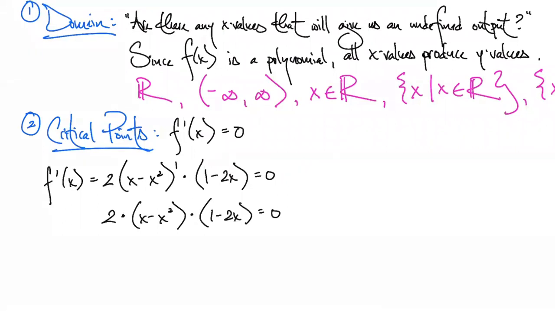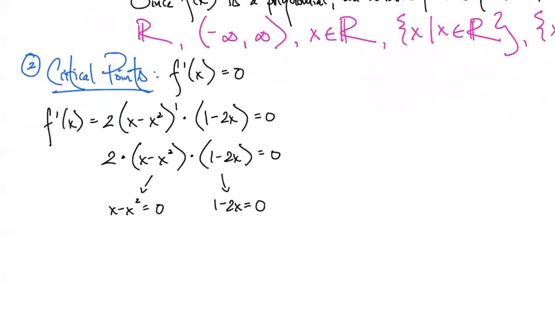The only way this can equal 0 is if x minus x squared equals 0 or 1 minus 2x equals 0. The 2 out front can't equal 0, so I don't need to worry about that, but one of the things in the parentheses has to equal 0.